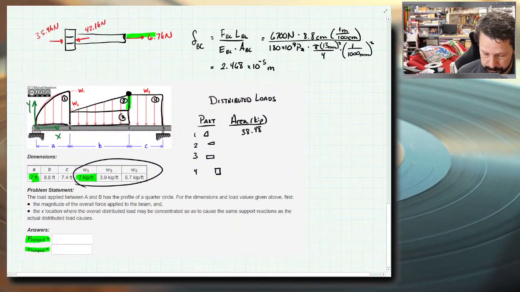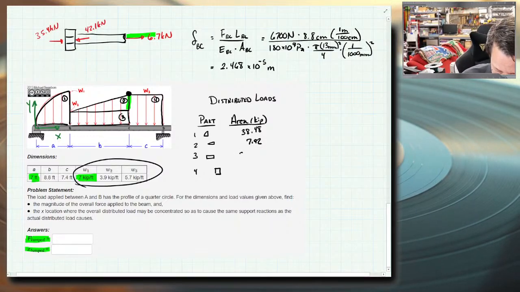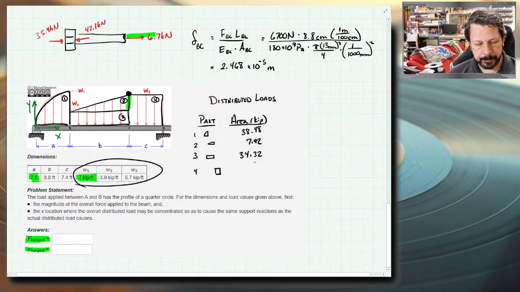But it's a triangle, so divide by 2. So it represents a force of 7.92 kips. And then the rectangle underneath it has a height of W2, 3.9, times B, 8.8, so 34.32 kips would be the area.